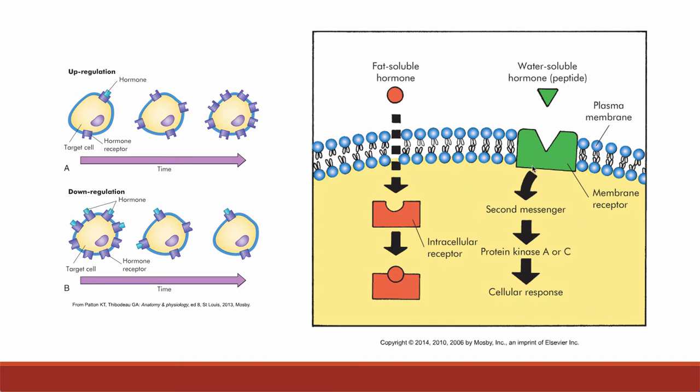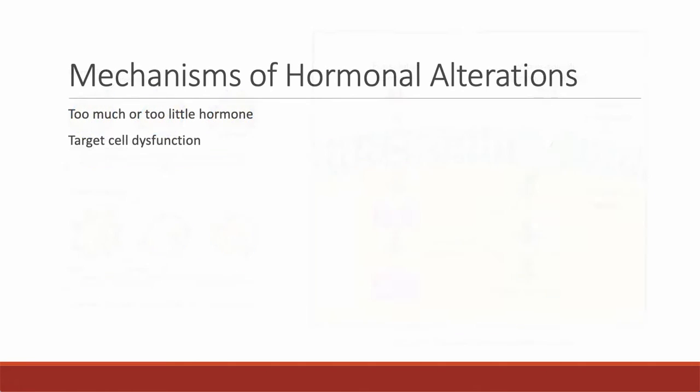They, in turn, cause a second messenger to be released intracellularly that then creates a cellular response. So water-soluble hormones themselves do not have a direct effect on the cell. Rather, they hit the receptor on the cell membrane. That produces a second messenger inside the cell that then generates the cellular response.